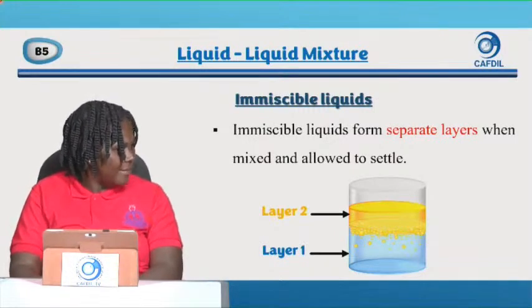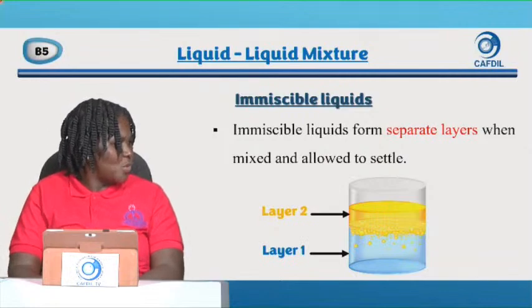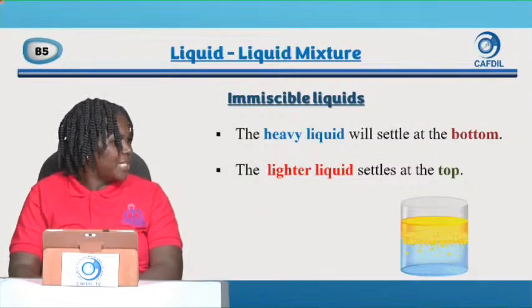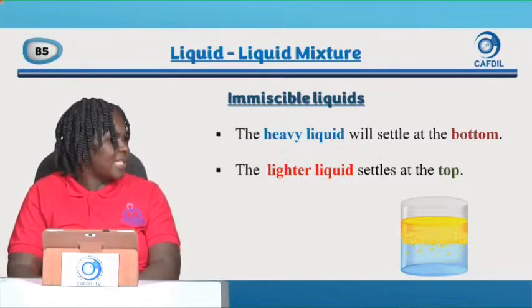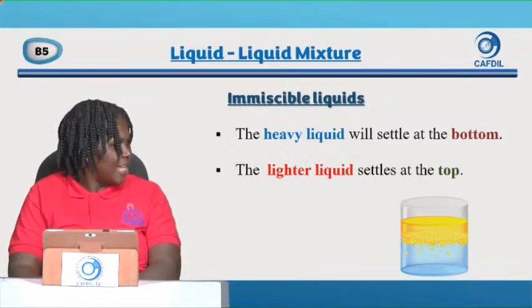We have layer 1 and layer 2. Layer 1 is water and layer 2 is the oil. Good. So immiscible liquids: the heavy liquid will settle at the bottom. The water is heavier.